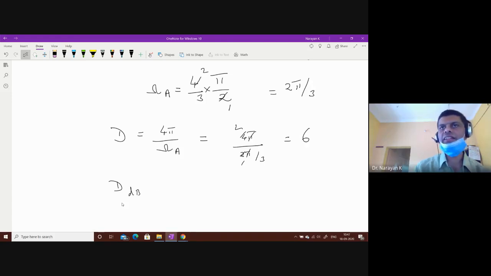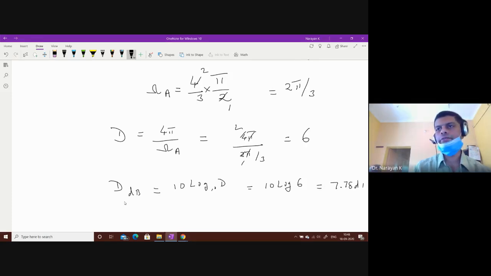He has not asked in degrees, so I have directly used the solid angle. 10 log to the base 10 of directivity, that is 10 log of 6, so you will get 7.78 decibels.